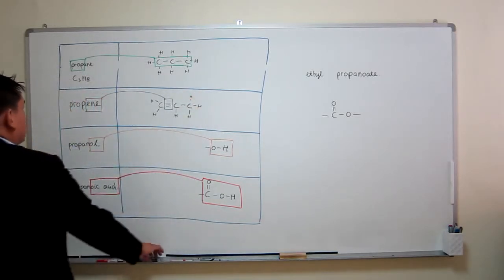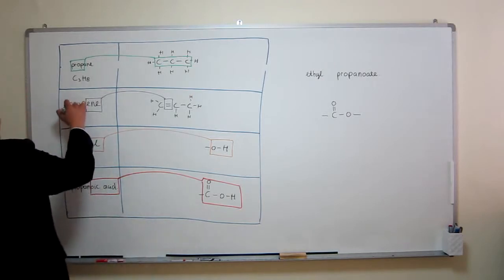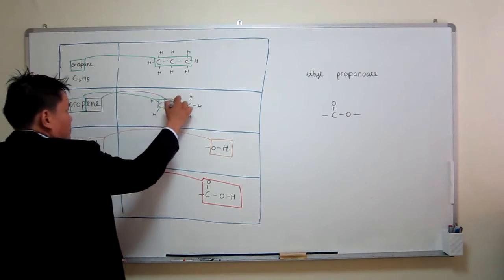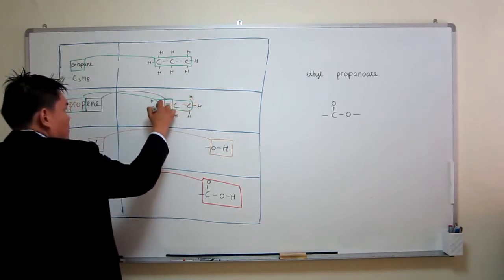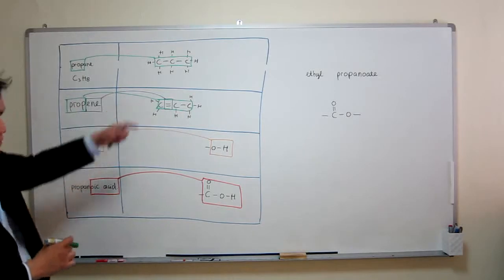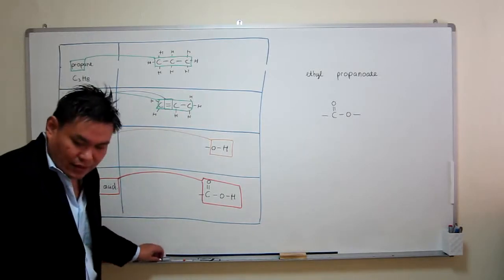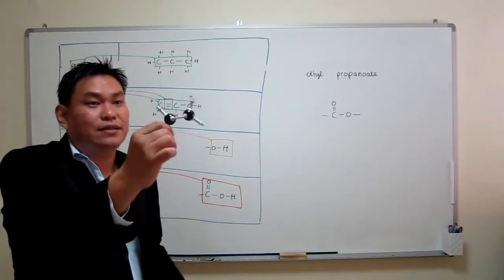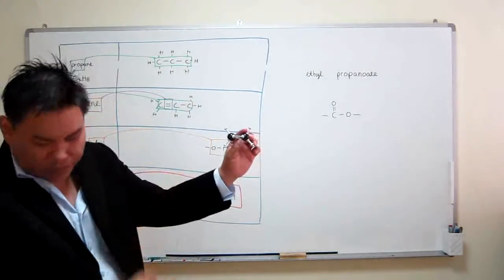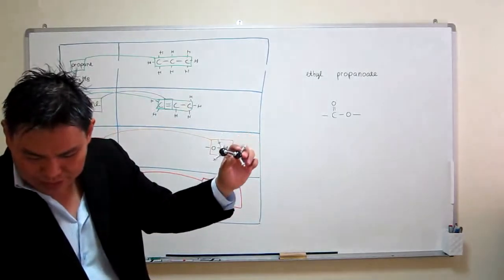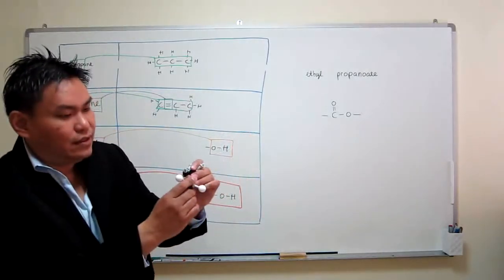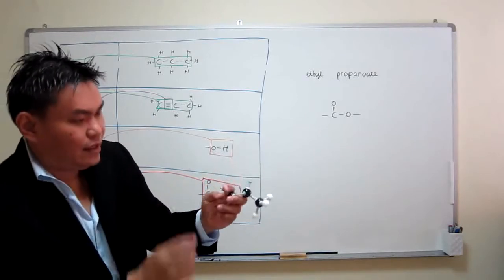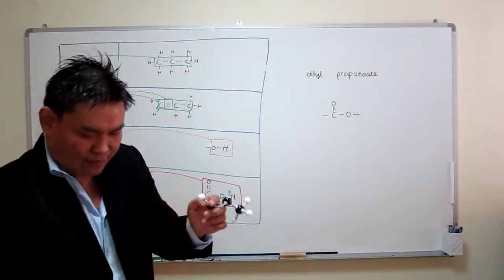So remember, the word prop means 3 carbon, and you have double bond for that, and the model for that, 2 carbon, because it's alkene, you must make it 3 carbon like this, and plug in all the hydrogen.